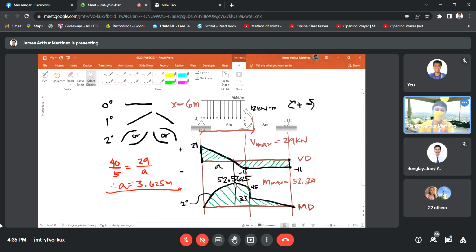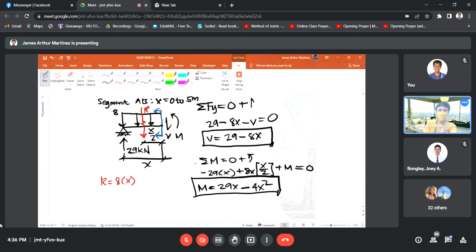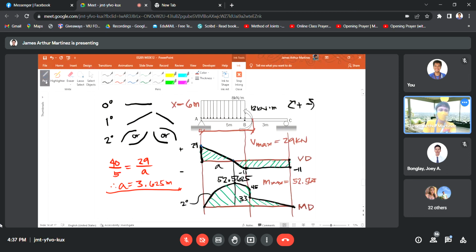Okay, that one, class, was obtained from the moment equation of segment A to B. The equation for moment of segment A to B is 29x minus 4x squared. Now, the question is, what value of x do we substitute?